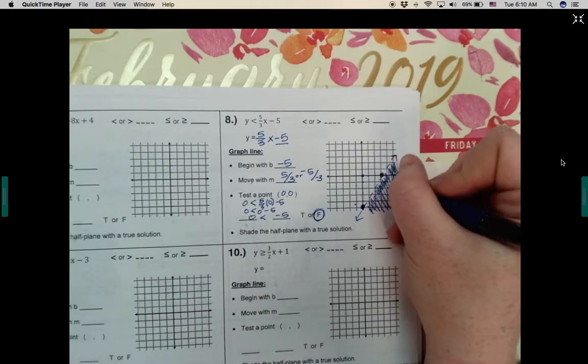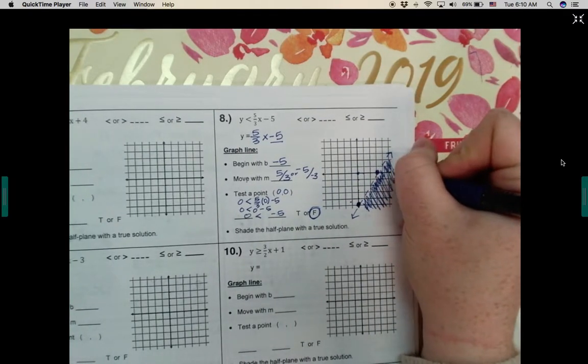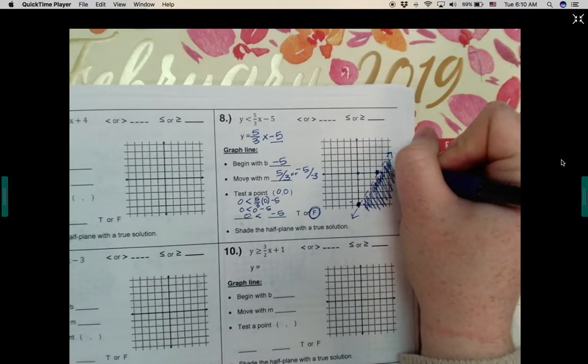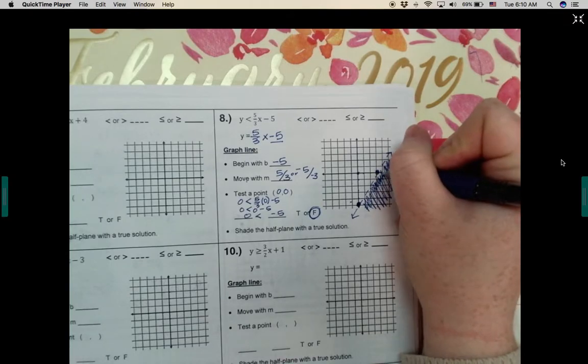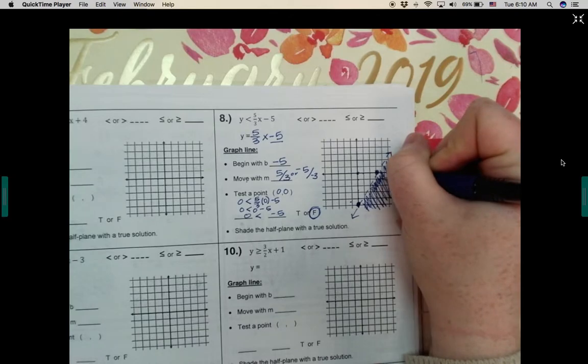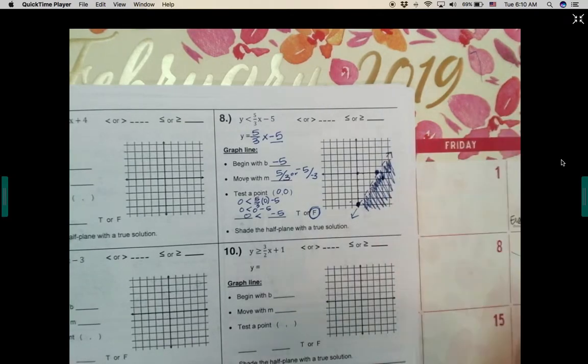And you could test that. You could choose another point. I don't know, let's see, 1, 2, 3, 4, 4, -1.